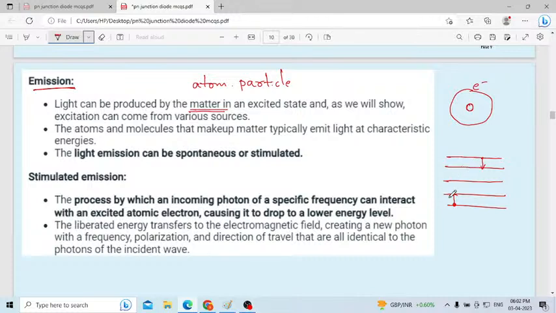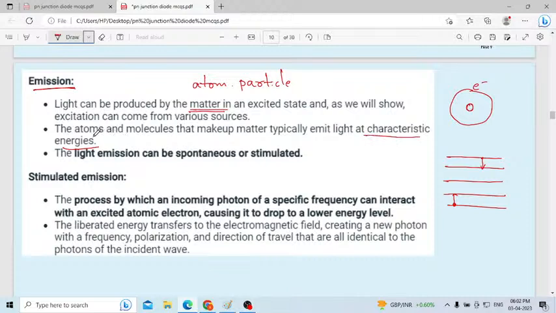Even we can talk about an atom. Atoms move from one energy level to another energy level. If you are considering a solid, a solid is nothing but a group of so many atoms. All the process happens in this way. The atoms and molecules that make up matter typically emit light at characteristic energies.